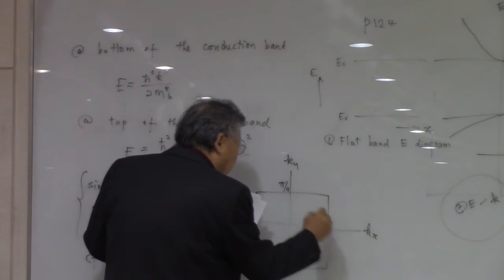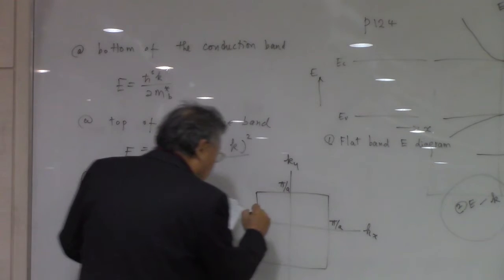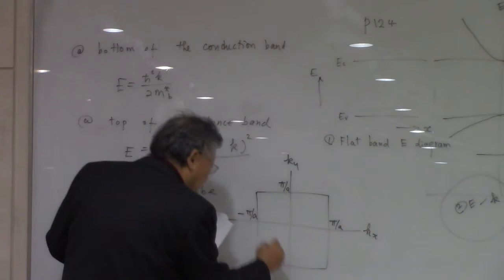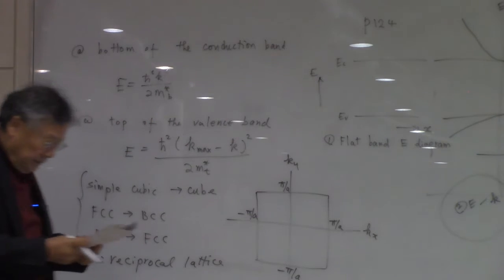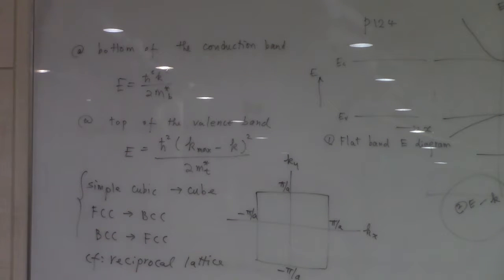This is going to be pi over A and minus pi over A as the first Brillouin zone edges. And the three-dimensional representation has been given in the text, which is figure 7.5. You just refer to it, okay?